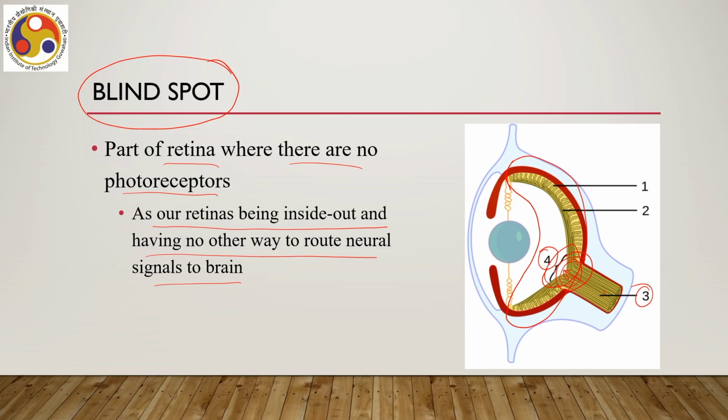So this region contains no photoreceptors, and if light falls in this region, it will not lead to any perception. That part is called the blind spot, a region in the eye where we are blind to the light or to visual stimuli.